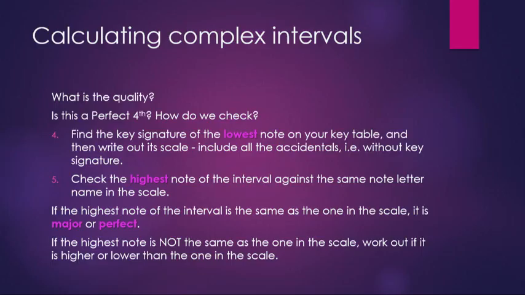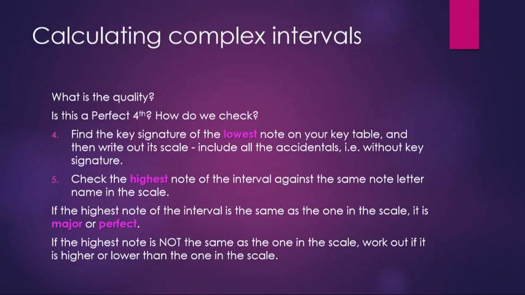So what is the quality? Is this a perfect fourth, and how do we check? First, we need to find the key signature of the lowest note in your key table. Remember, the lowest note in this example was an F. So go to the circle of fifths, find F, and then we'll be able to work it out. The next step is to check the highest note of the interval against the same note letter in the scale.